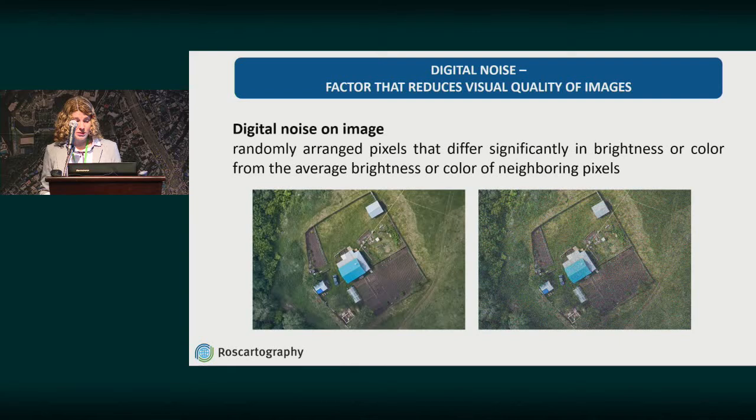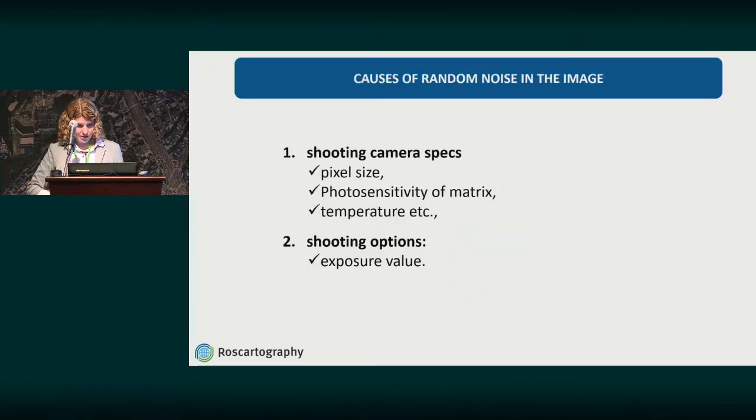The noise on aerial and satellite images manifests itself in differences in brightness between two neighboring pixels. What are the causes of random noise in the image?